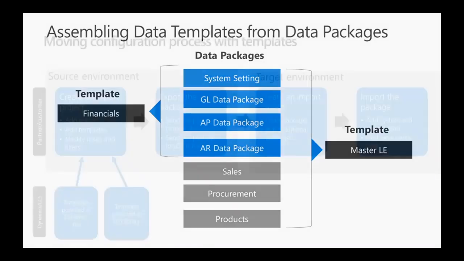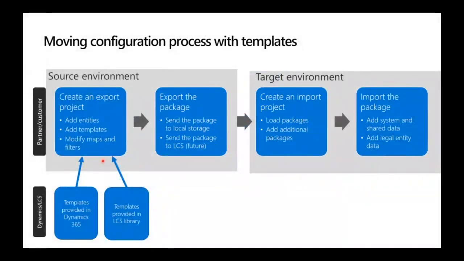How does it work? Typically, in the user interface, if we're talking about configuration from one environment to another, in your source environment, you go into your data management, you would create an export project, and then you would typically use one of the templates, either one that you have created yourself, upload that template, and export the data together for all the entities which were defined in the template and export that data to a local data source.